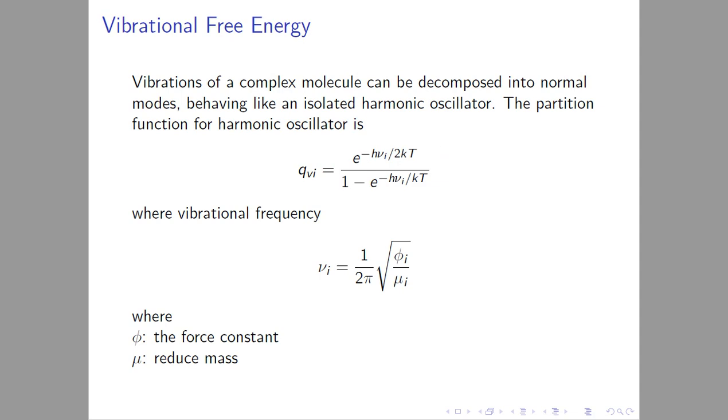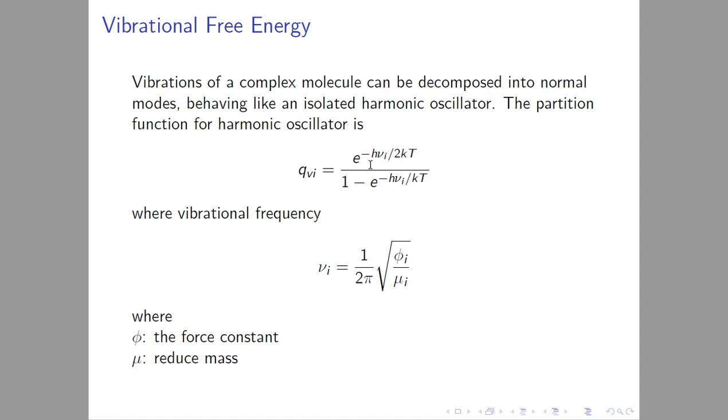Next, all the molecules will vibrate, and the binding site also vibrates, or let's say the hydrogen bond also vibrates. So we can find the partition function for this vibrational free energy as for a harmonic oscillator.